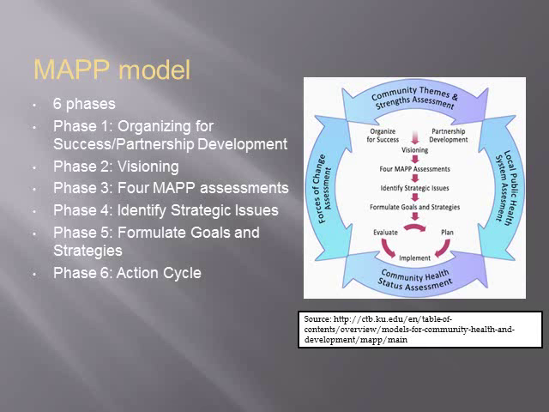Phase 4 is identifying strategic issues, which involve creating a list of the important health issues facing the community. Phase 5, formulating goals and strategies, does exactly what its name specifies, and creates and adopts goals and strategies to spread the program to the community and cement the behavior change.